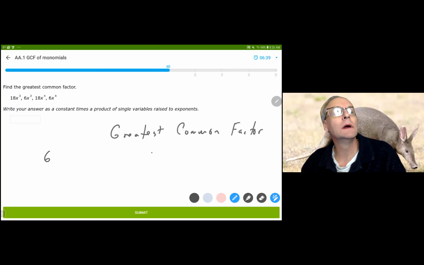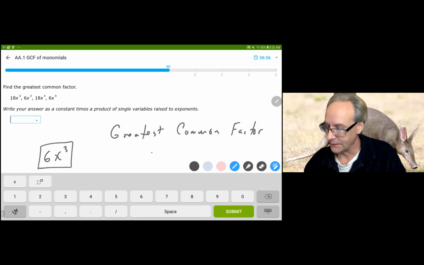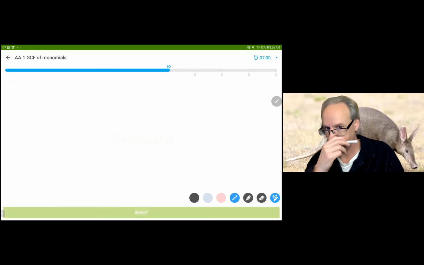And also x to the third power goes into all of them. So this is my greatest common factor because they're all divisible by 6, and the x to the third is the lowest exponent on that variable. So that's how you can think of it. I was going to do something else with that, but that seems simple enough.